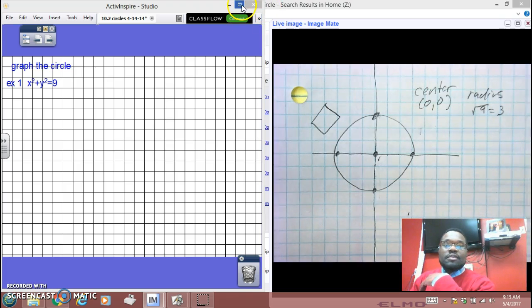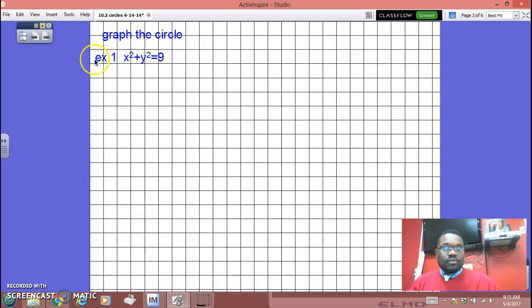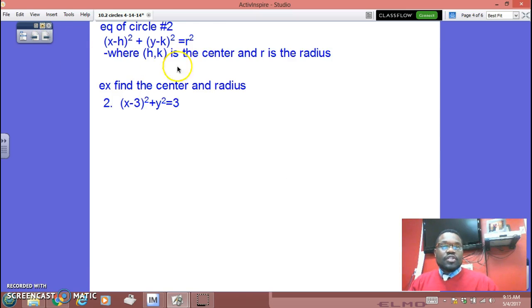But the center is not always going to be in the middle, in the origin. And so here's an equation of a circle where the center is shifted or moved around. Notice that the right side is still r squared, so it's always equal to the radius squared, okay? The issue is, where is the center? Whenever you have something grouped in parentheses squared, that means the center is not at the origin.